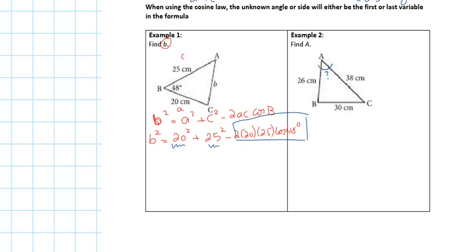So then if I want to do this, 20 squared is 400 plus 25 squared, 625. And then I'm going to do 2 times 20 times 25 times cos 48. So I have to do this all together on my calculator.